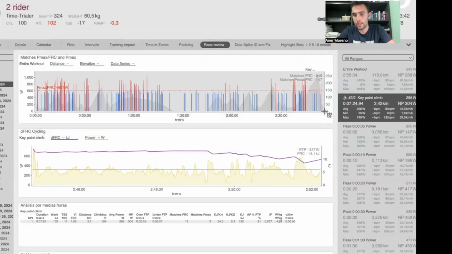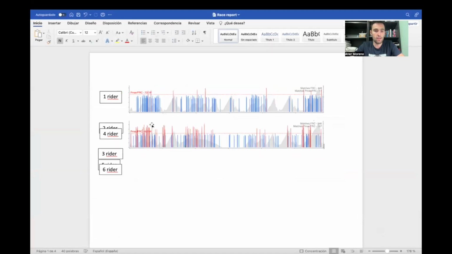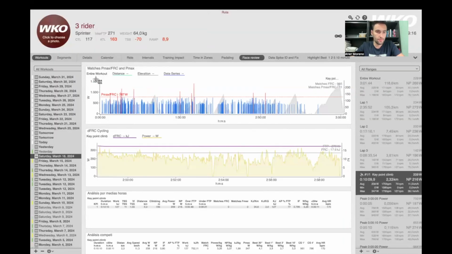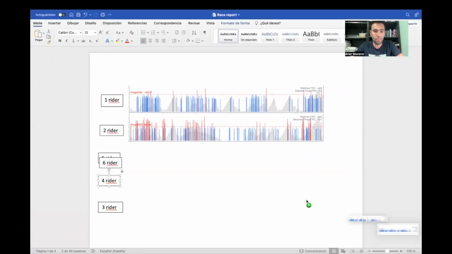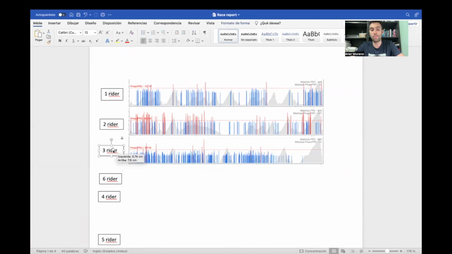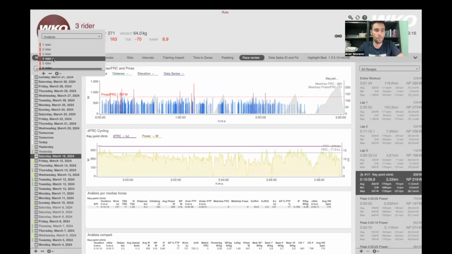We do the screenshot here and we paste it here. And also with the third rider. This is going to be done with all the riders, so we can compare everyone in a simple view of how the race was for each one.